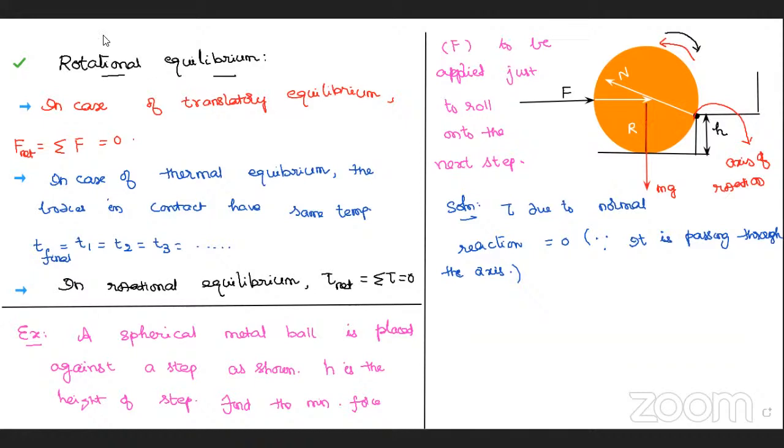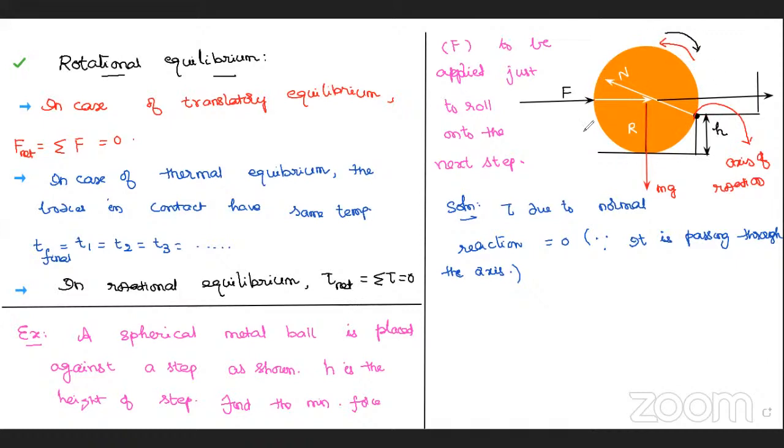The line of action of the force is at the top, so it tries to rotate in the clockwise direction, whereas mg tries to roll it back. So I am finding two torques, one clockwise, the other anti-clockwise.